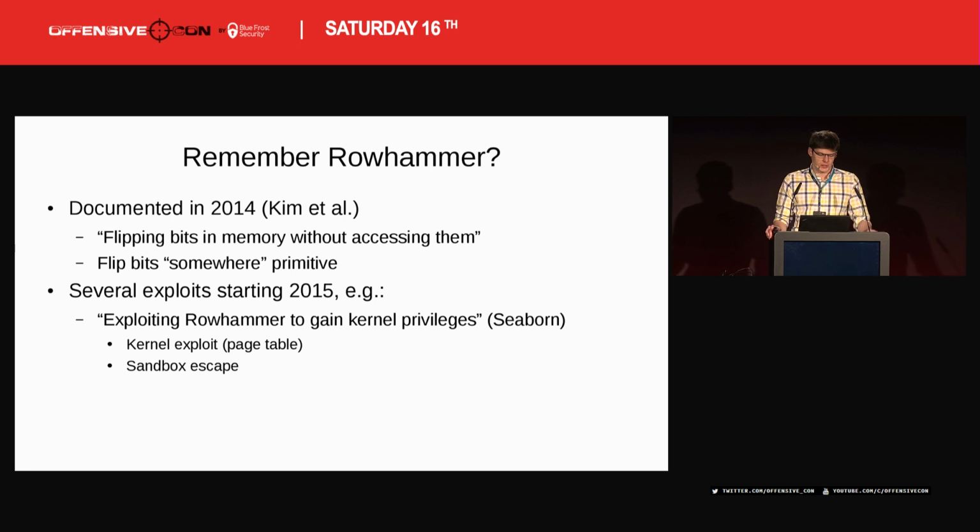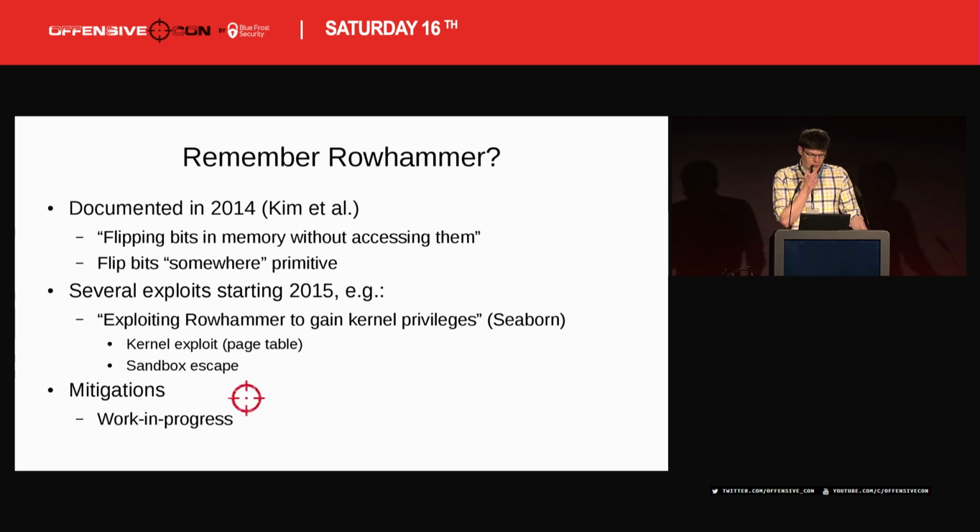There was a kernel exploit that was using Rowhammer to change some bits in the page table entry, thus mapping some resources that were used by the kernel. Then you can also do a sandbox escape. So this was already known in 2015. About mitigations, there aren't that many yet.